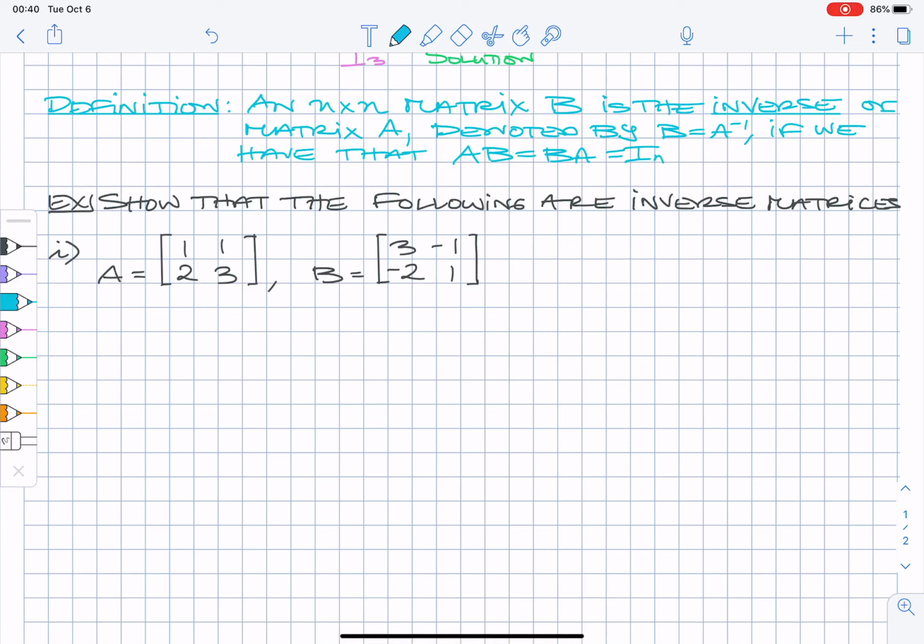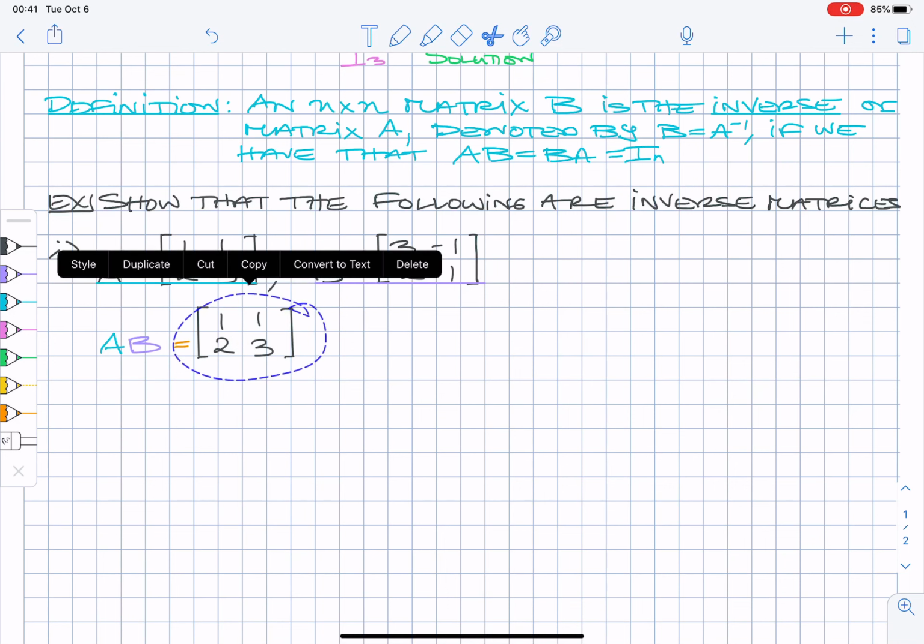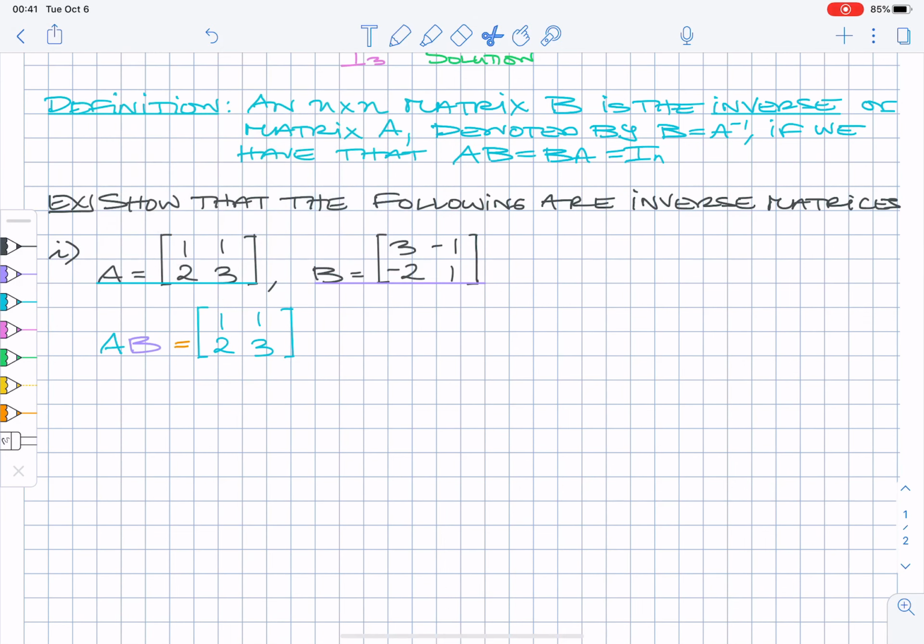Okay, so let's do A times B. So that's going to be this matrix here. Let's call this blue. And this matrix here, let's call this guy purple.